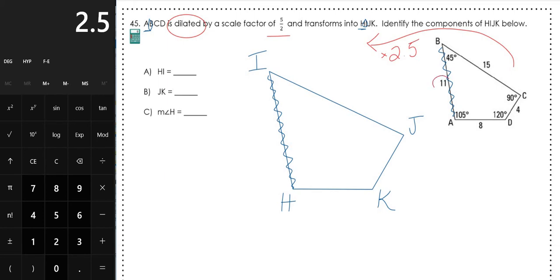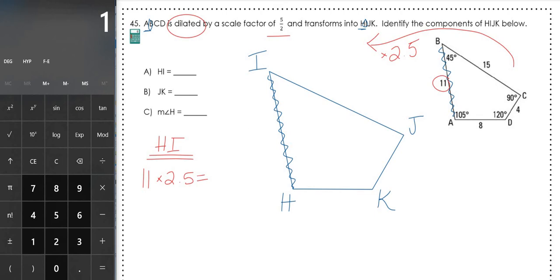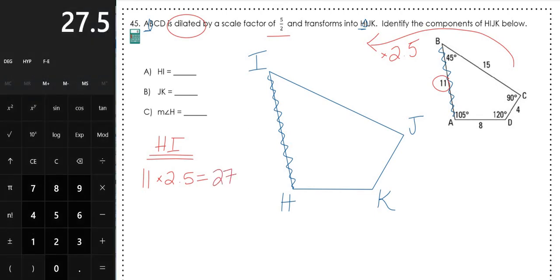So let's start with the 11. 11 gets multiplied by 2.5 to become HI. So let's write HI equals 11 times 2.5, and on your calculator, 2.5 times 11 is 27.5. It doesn't give me any units, so 27.5. That's my first answer.